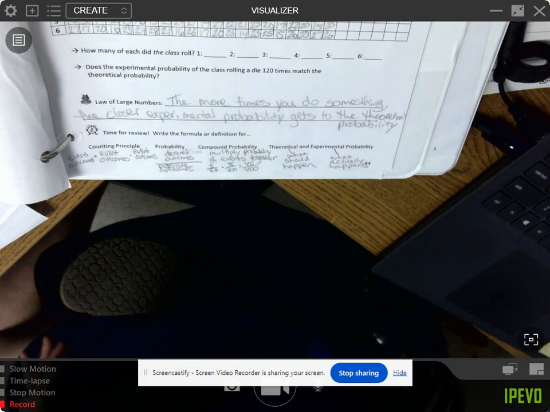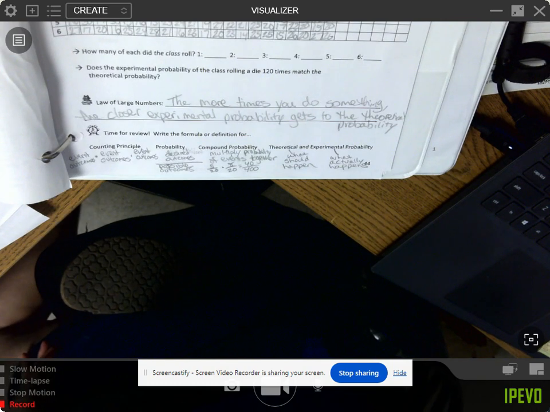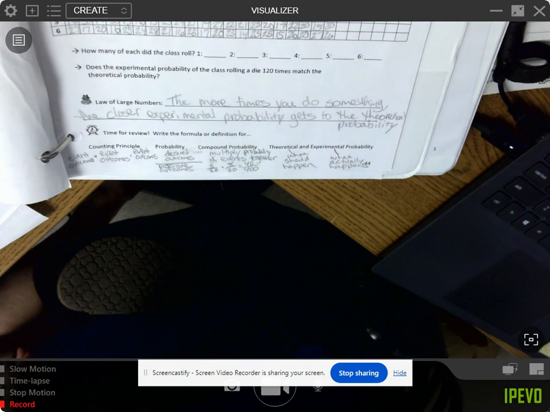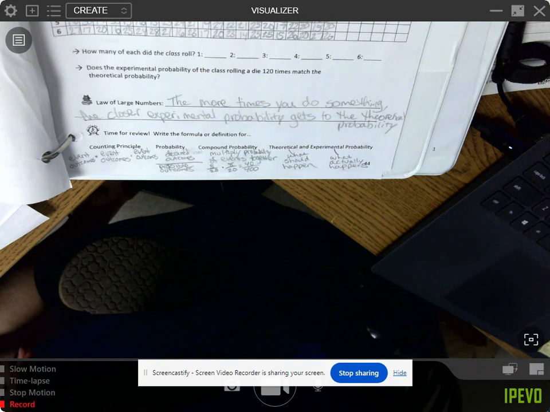So remember, doing it yourself, rolling that die 120 times, we were farther away from that theoretical probability. When we added the whole class up, we got closer to that theoretical probability. So the more times you do something, the closer you will get to the theoretical probability.